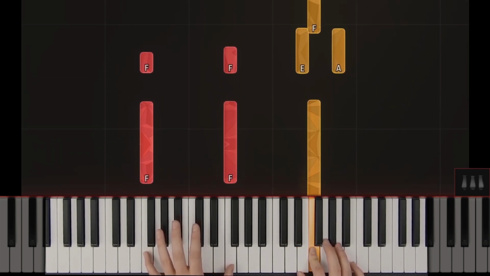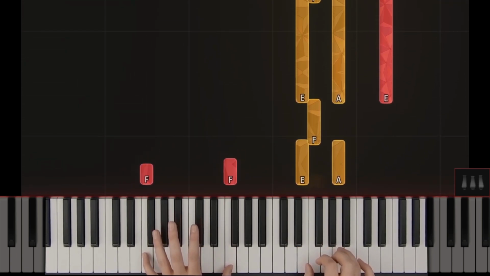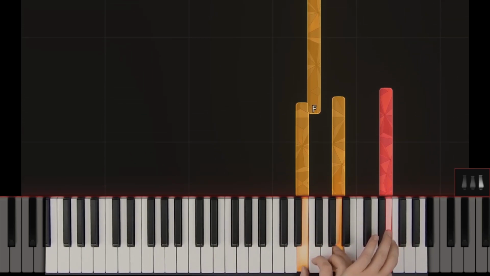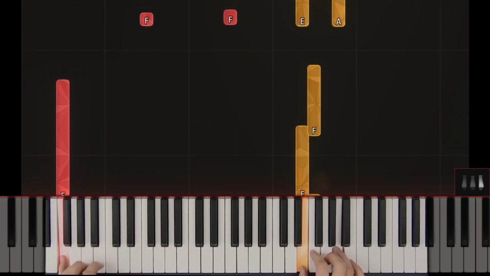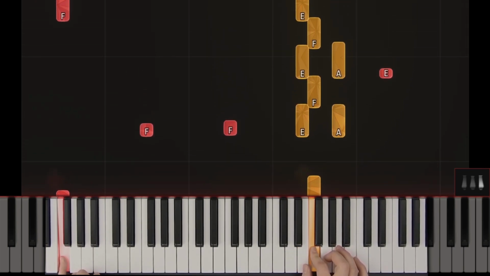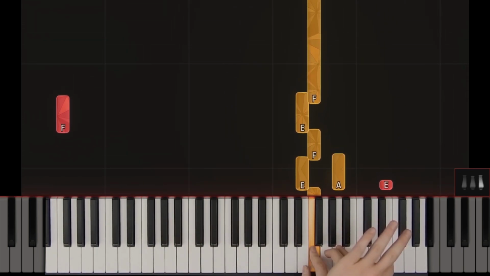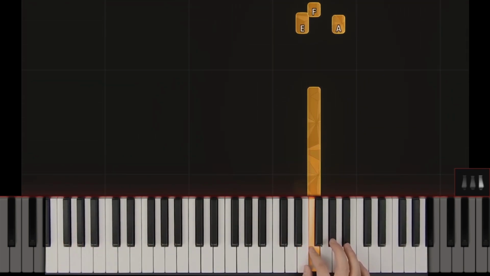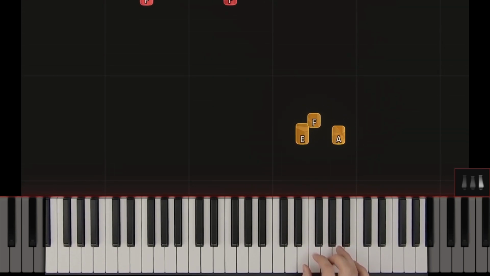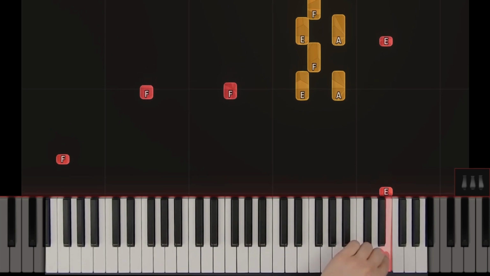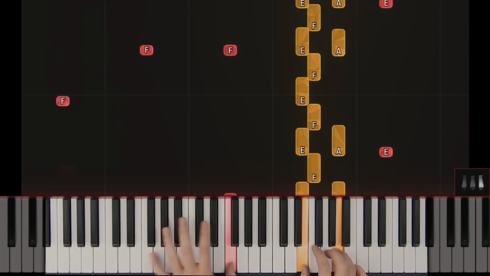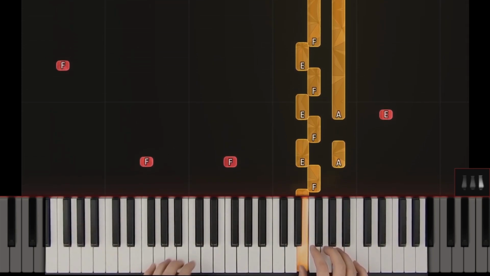The left hand has an F octave, E up top, and then an F in the bottom. So each one of these is accompanied by something in the left, either this, this, or this. Twice.